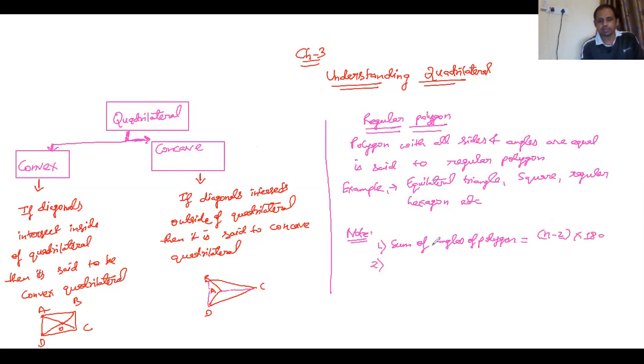Second, if you have to find the interior angle of a regular polygon, it is given by (n minus 2) into 180 divided by n, right?